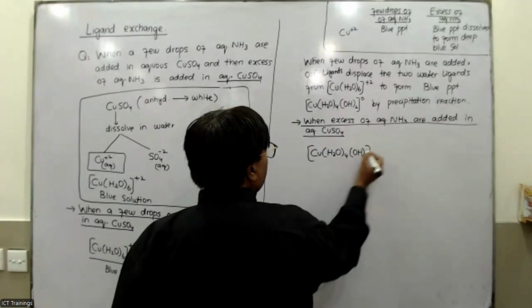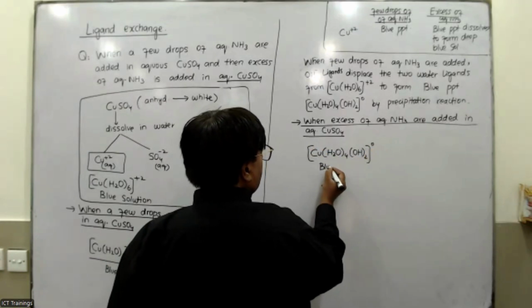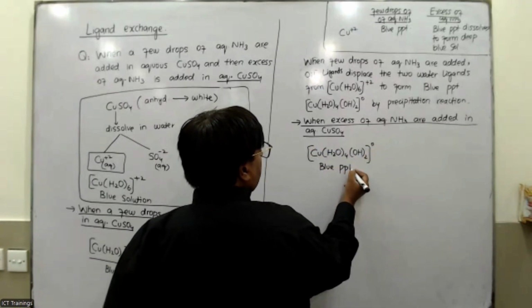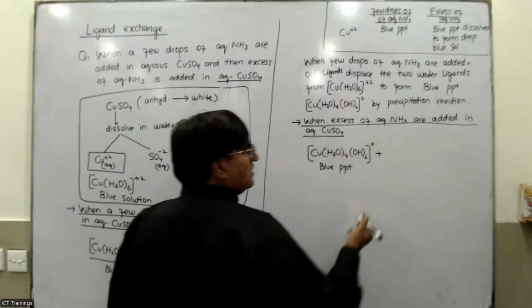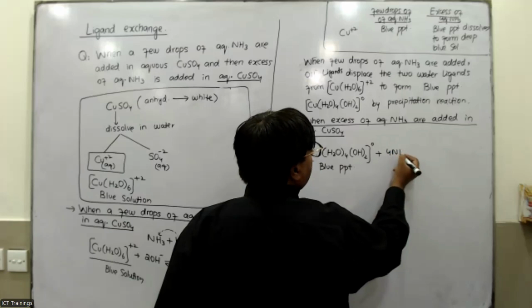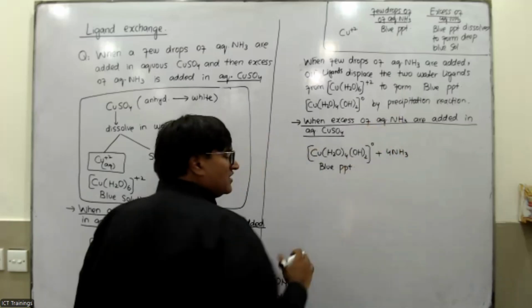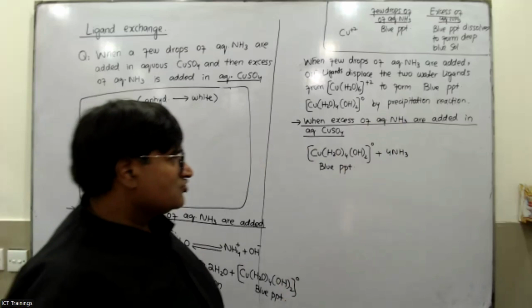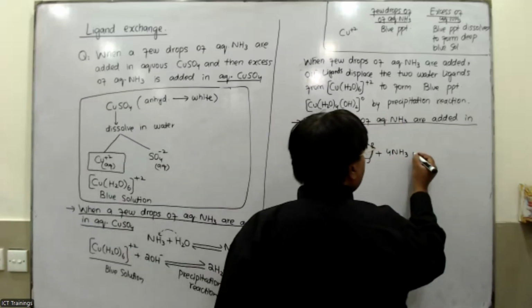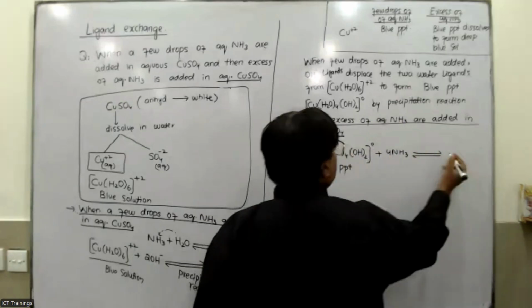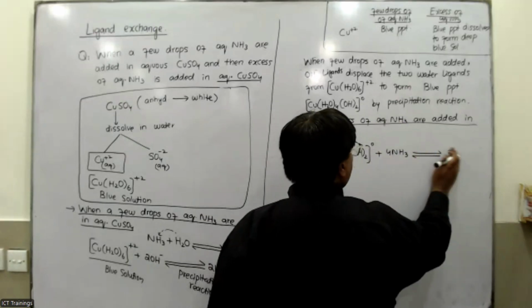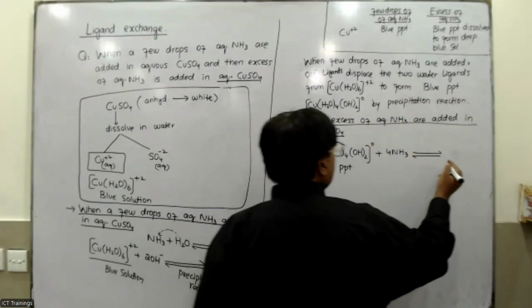So this is the blue precipitate. When you add the excess of aqueous ammonia, you have a higher concentration of ammonia. Now ammonia is the powerful ligand, so what does it do? It is going to displace the two water molecules from here. All the water molecules you can take.